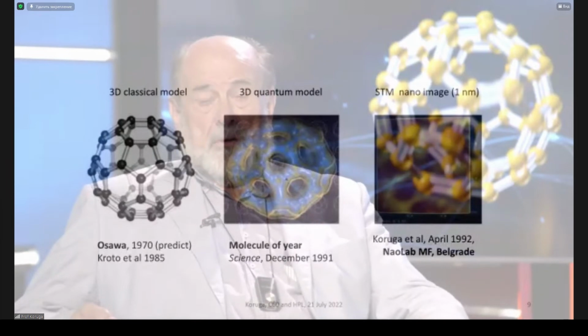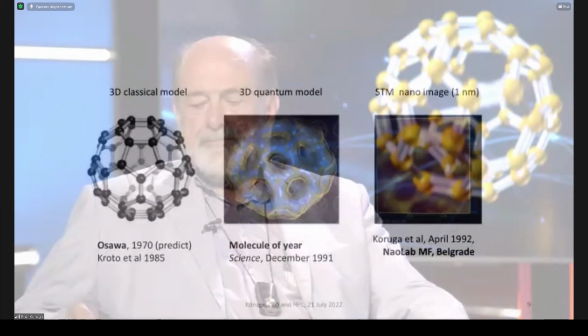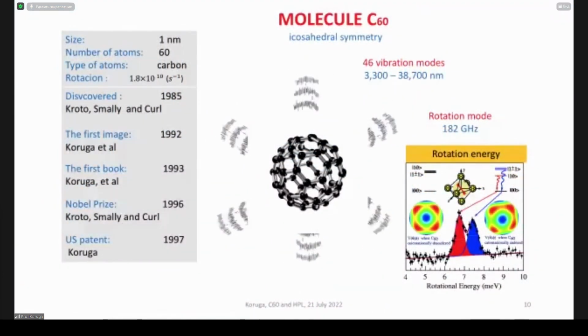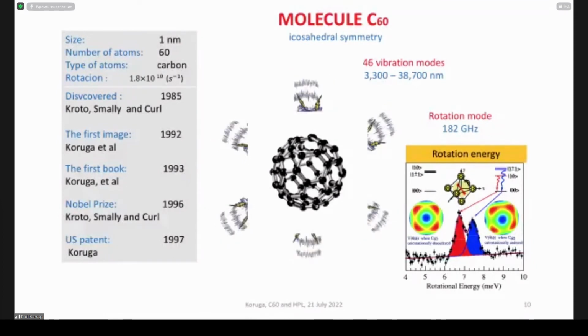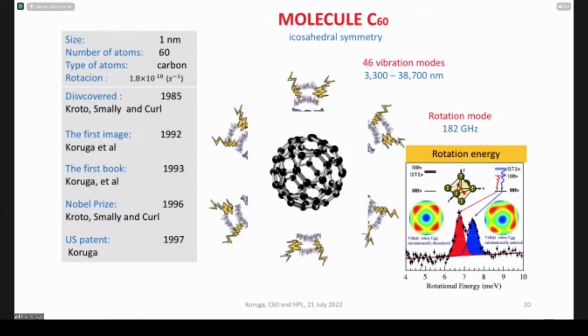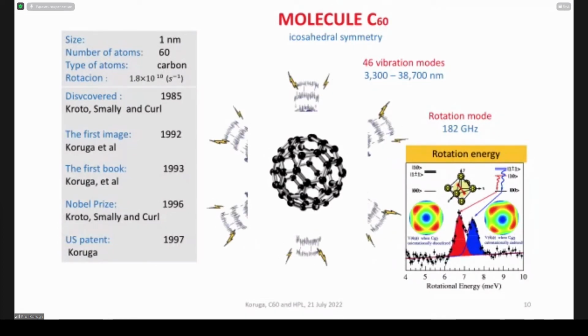And you can also see how theory and experiment are the same. The size of that molecule is 1 nanometer. This is very, very small. If you compare 1 millimeter with 1 kilometer, it is the same as comparing 1 nanometer with 1 millimeter.